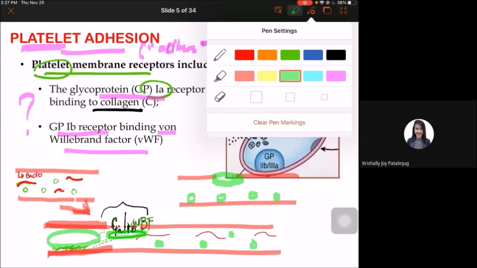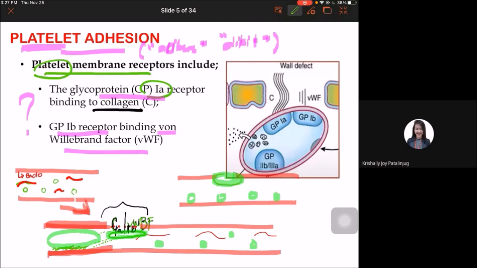But please, bear in mind na this initially adhered nga platelet, of course, cannot cover the whole injury. Kung siya ra isa, di na niya kaya. That's why this initially adhered platelet, yung platelet number 1, has to invite. Manginvitar siya, mag-invite siya or ask for help. Mangayo siyag tabang other platelets para magtulong-tulong sila.